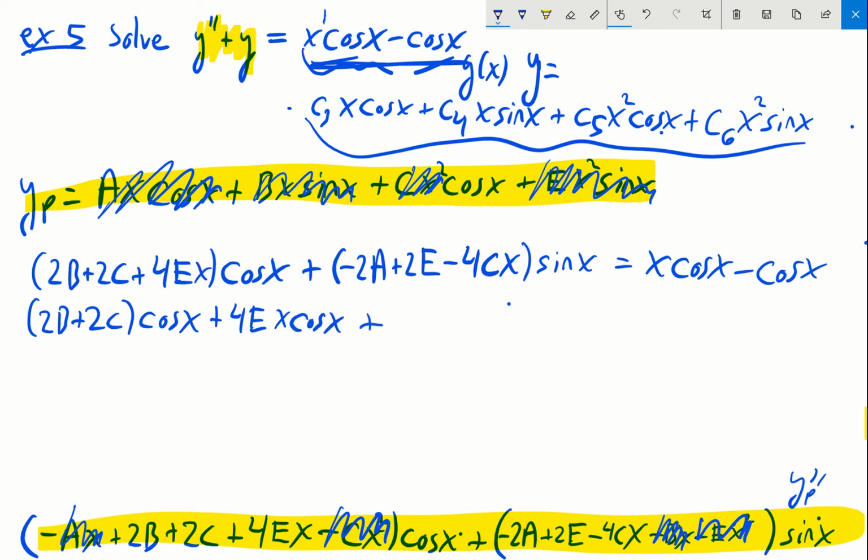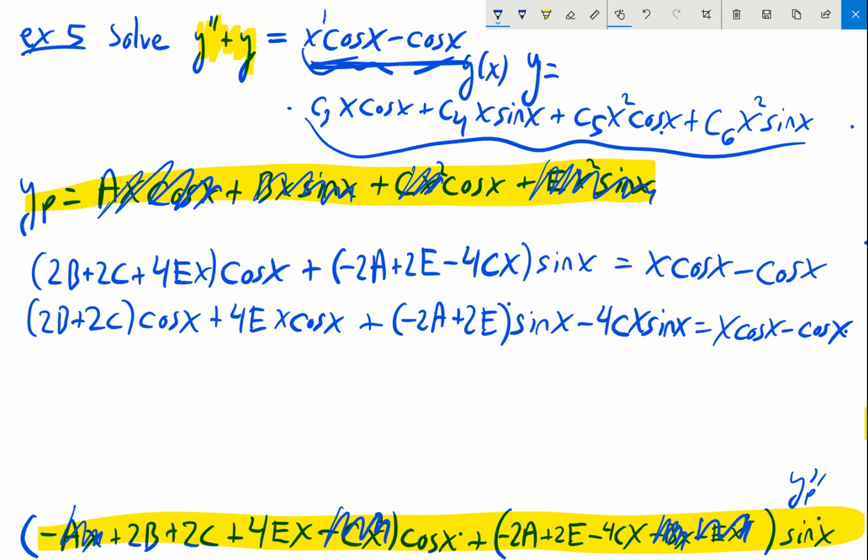And I'm going to do the same thing here, because we essentially have two different sine terms. There's a negative 2a plus 2e times the sine of x. And then there would be a negative 4c times an x sine x term, which is going to be equal to x cosine x minus cosine x.